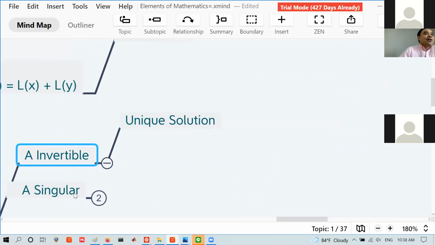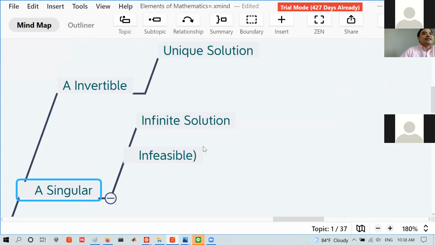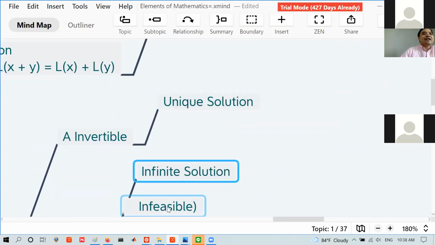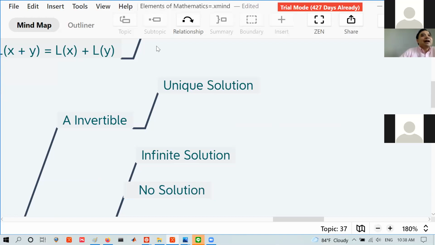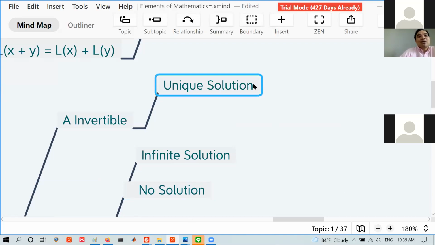Now, there's another situation. There are two situations where you have infinitely many solutions, and where you have infeasible or no solution. I mentioned that in matrix algebra class or in grade school algebra, you always see the unique case because the teacher made sure the numbers came out this way.